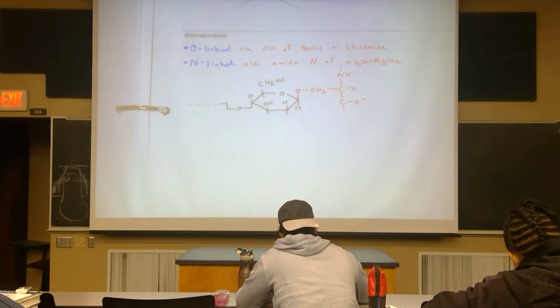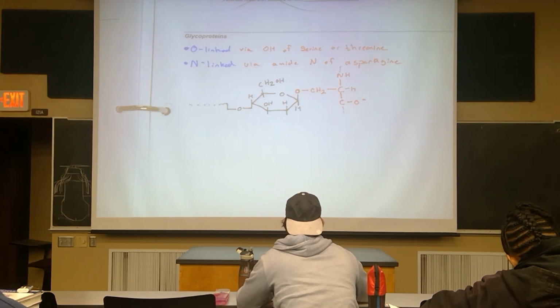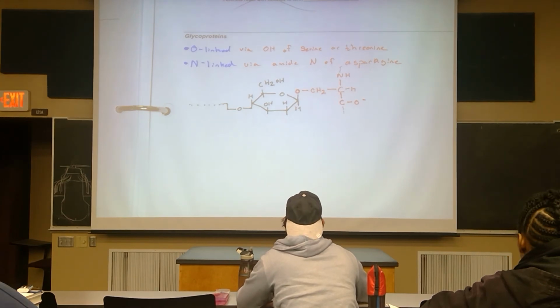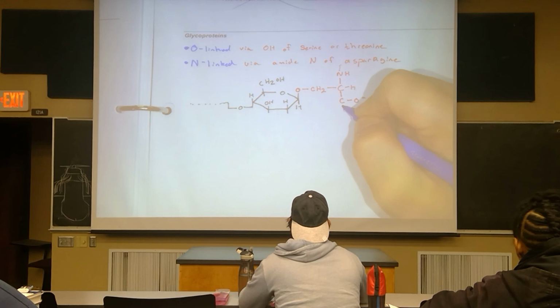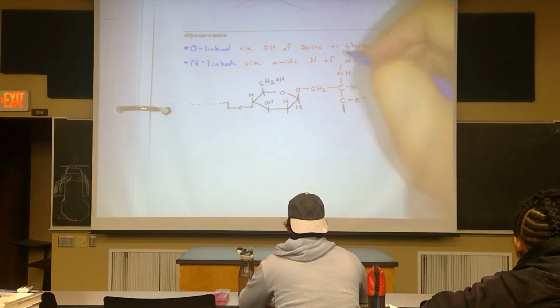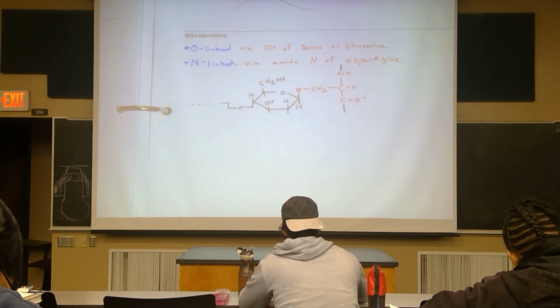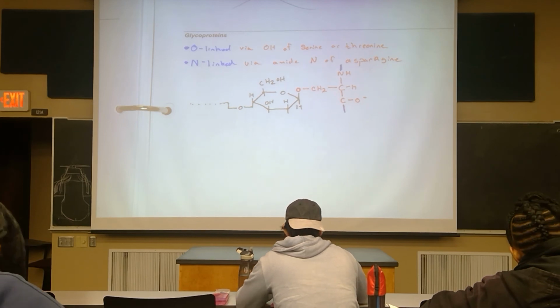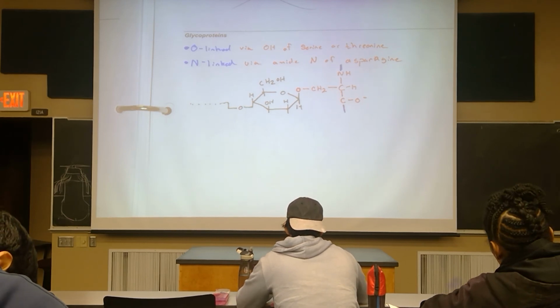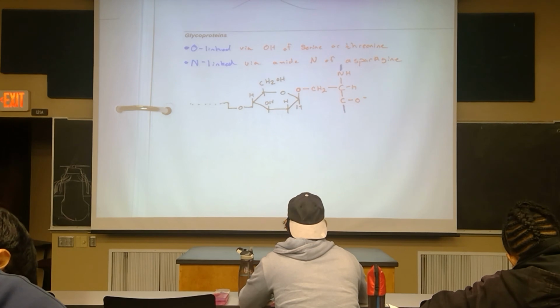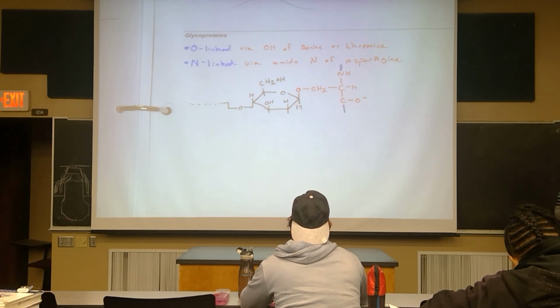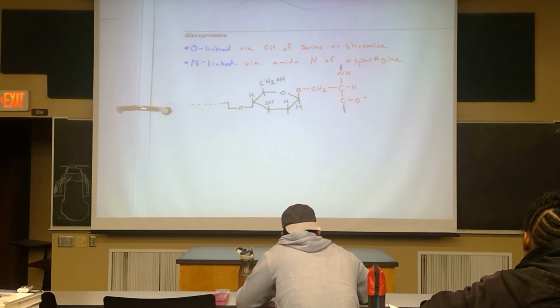So it's a protein, it's just one residue in a protein. Here would be a peptide bond going one way, and here would be a peptide bond. So this is an example of an O linkage in a glycoprotein.